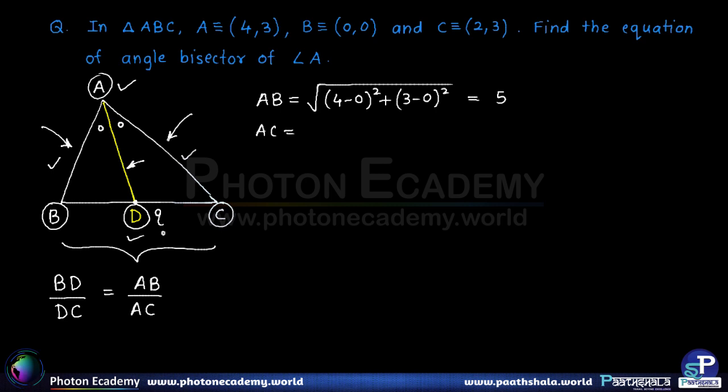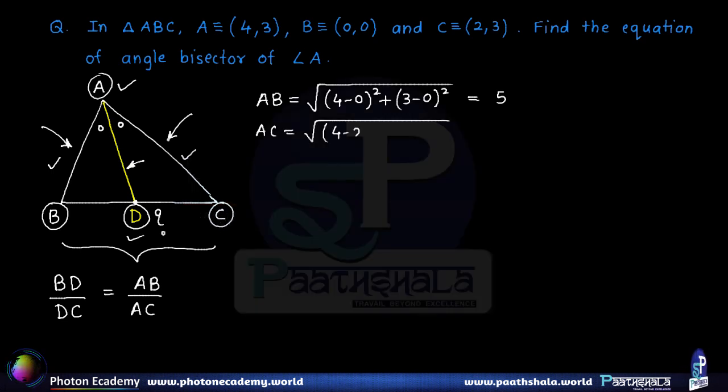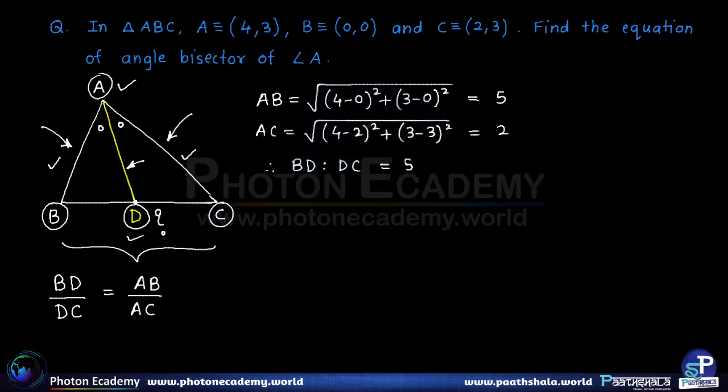Similarly AC, here also we calculate using the same distance formula, 4 minus 2 square plus 3 minus 3 square. So clearly the answer is nothing but 2. So that means we get BD is to DC ratio as 5 is to 2.